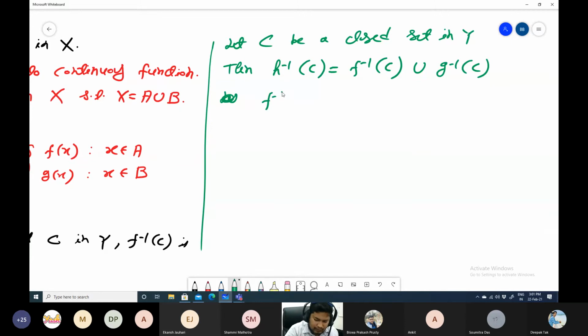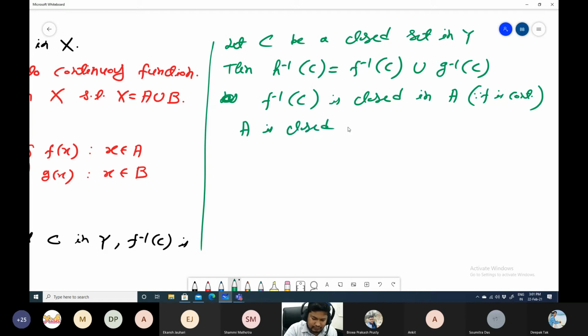Now F inverse C is closed in where? Closed in A. Why? Because F is continuous. And also given that A is closed in X. So therefore F inverse C is closed in X.